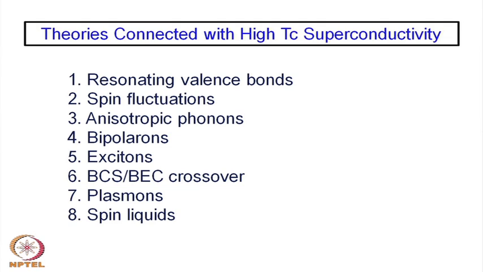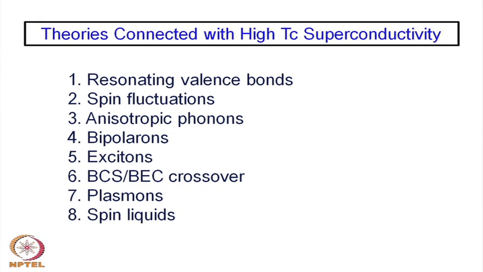Once again, I am not going into the details, except mentioning that BCS theory, which has been applied very well to the low temperature superconductors, is not quite accepted by physicists for the explanation of the high Tc superconductors, and still research is going on.